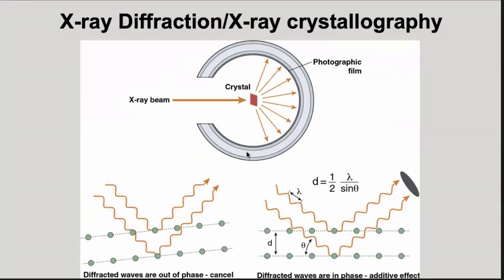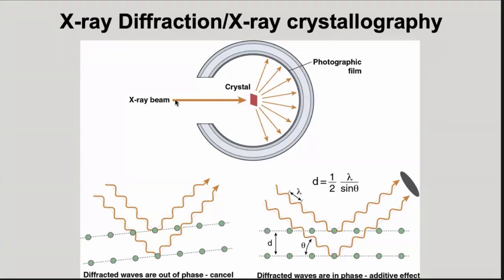It consists of a cylinder that's lined with a piece of photographic film. That photographic film is sensitive to any electromagnetic radiation. So if you shine visible light in there, you would expose the film just like you do with a camera. But it's also sensitive to X-rays because X-rays are just a different form of electromagnetic radiation with a different wavelength. So if you shine a beam of X-rays on this photographic film, it's going to expose the film and create a little black dot on the film.